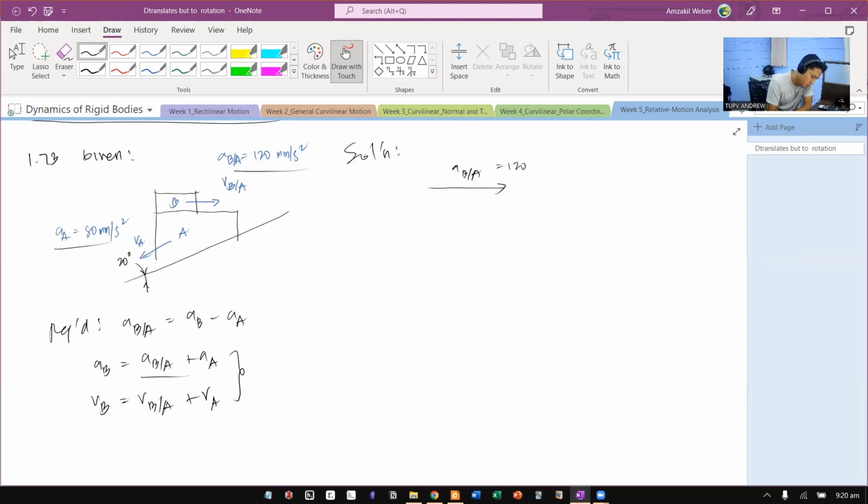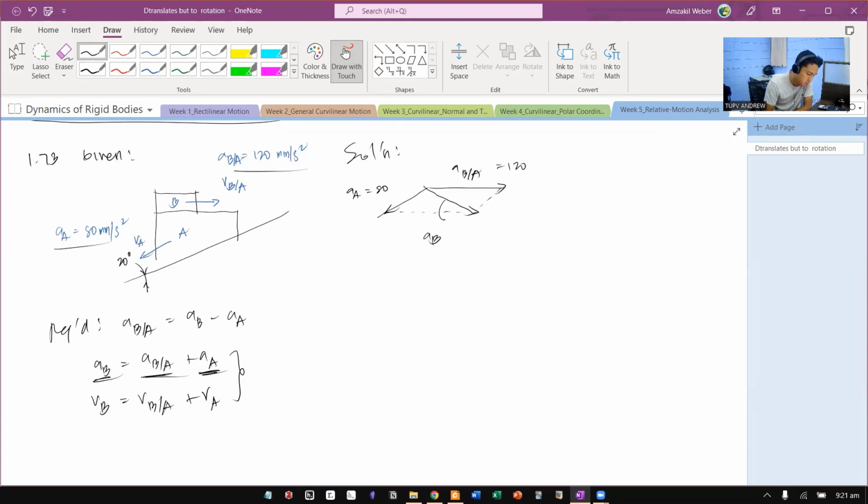The 120 is longer, adjusted by the 20 degrees, and AA is shorter, which is only 80. So according to our equation, AB/A plus AA is AB, meaning this is the resultant. We need to draw the parallelogram. This is AB.